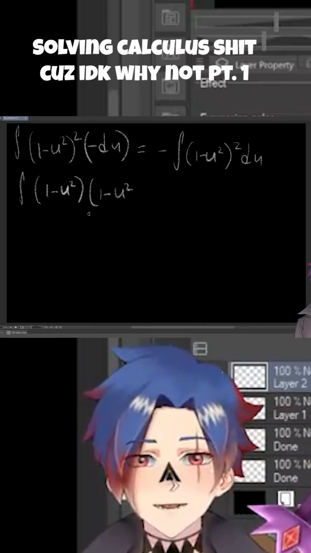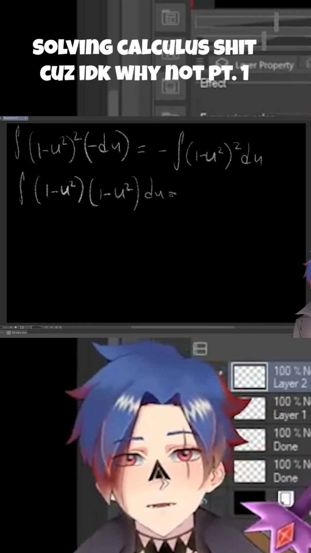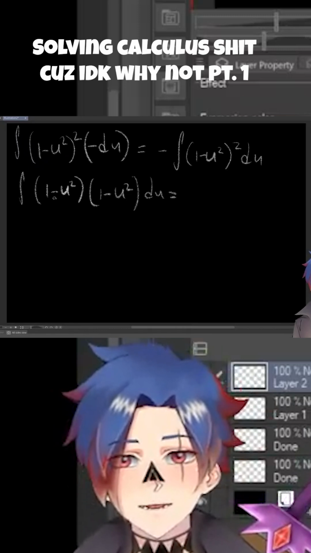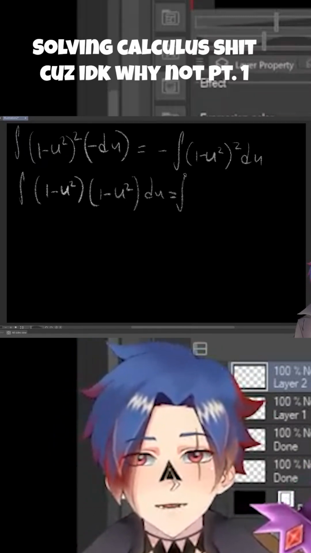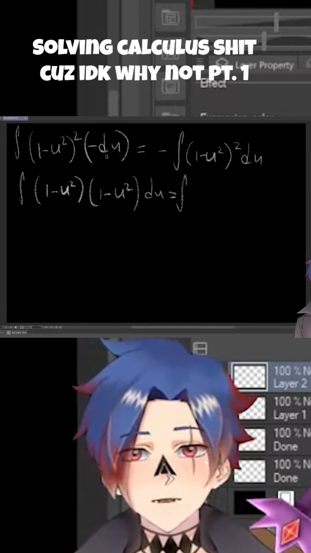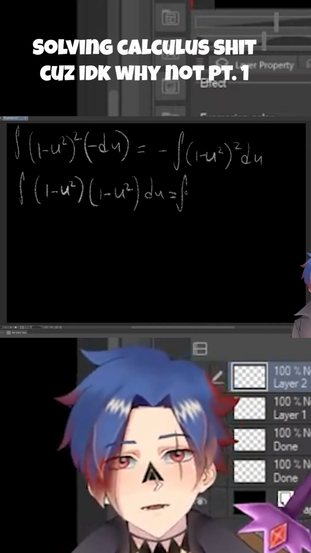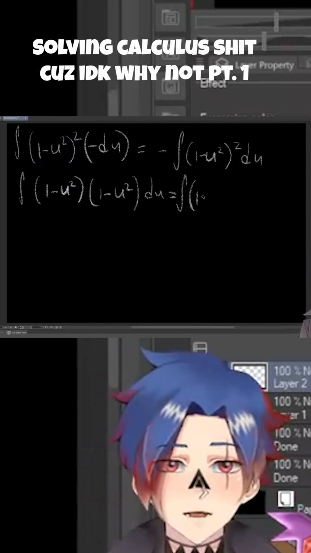Okay, focus, guys. So we cannot integrate this yet, but we can simplify this into something more chewable, something more edible. So first, FOIL, of course. First: 1 times 1 is just 1.